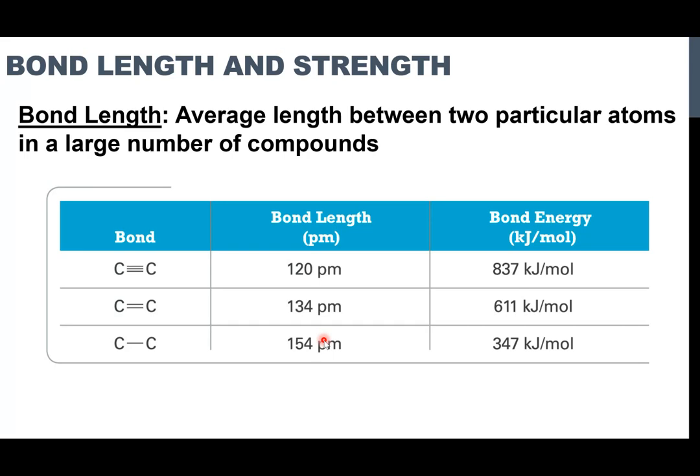You take it and fold it again. Now it's a triple bond, a lot harder to pull it apart, and it's going to be shorter. Now it's 1.5 inches. So bond length and bond strength are related to one another. Stronger the bond, shorter the bond, weaker the bond, longer the bond. Okay.